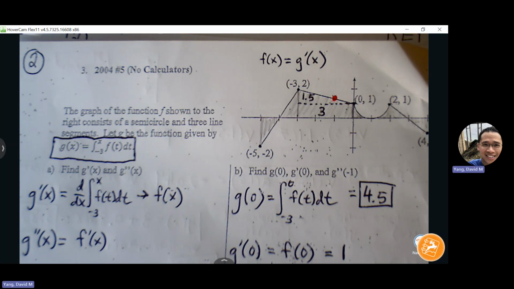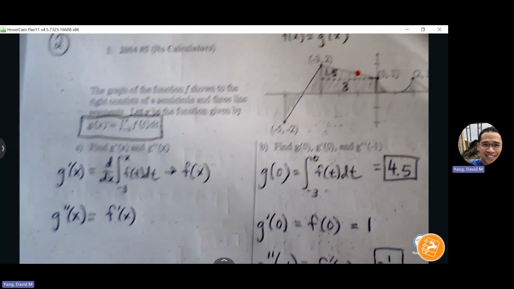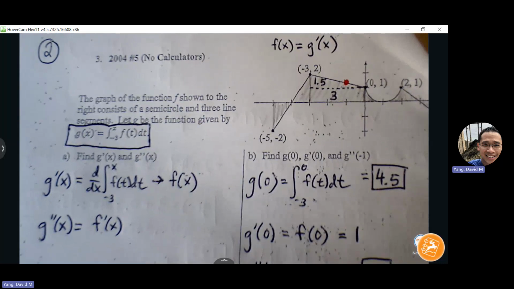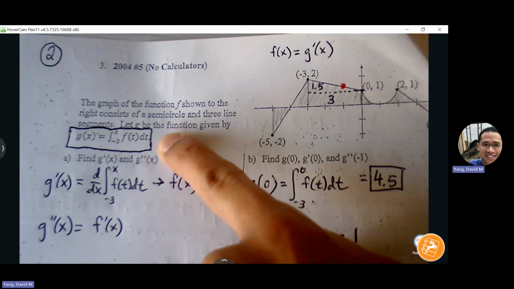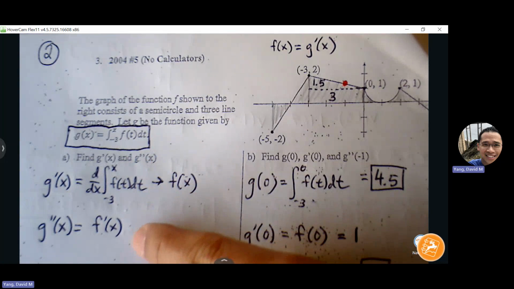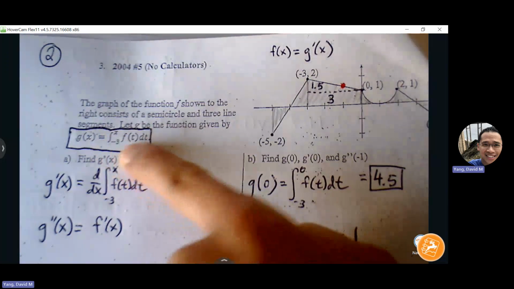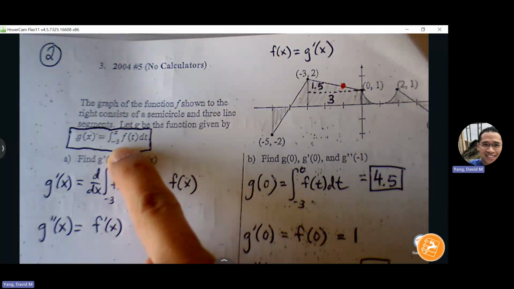Okay, so just to recap, we talked about how from the starting definition, we're able to build our derivative and second derivative simply by taking the derivative actions on that right side.